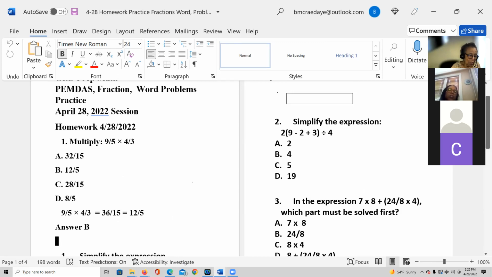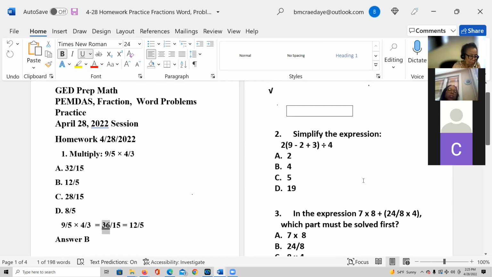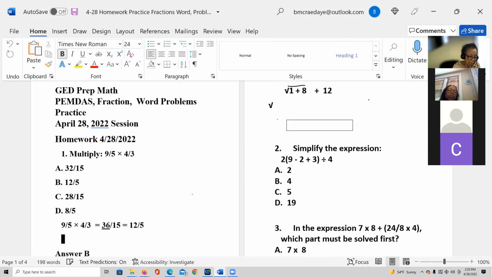36 over 3 and 15 over 3. Let me just put it here. 36, put the 3 here. So that's divided by 3. And remember, you divide the numerator and the denominator by the same number.